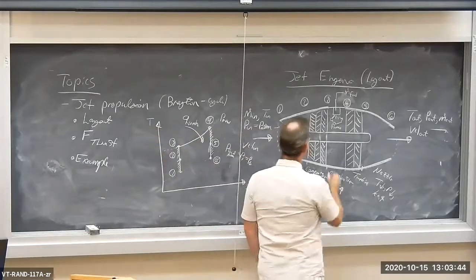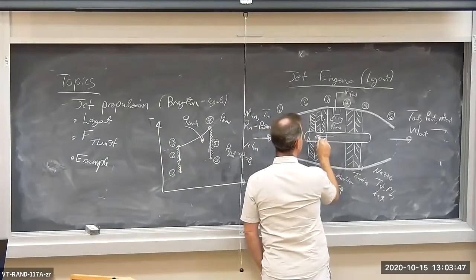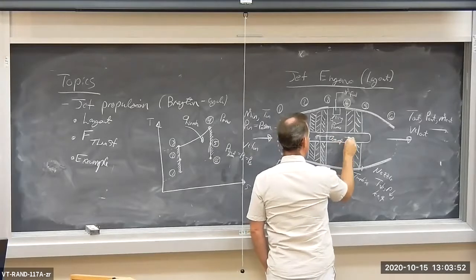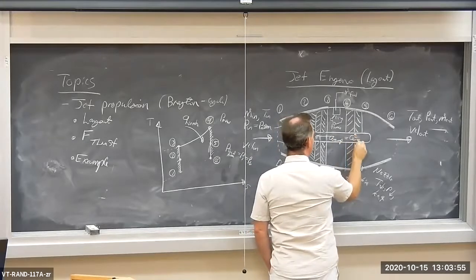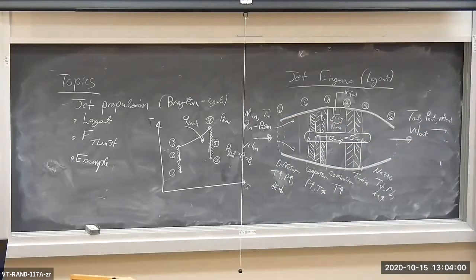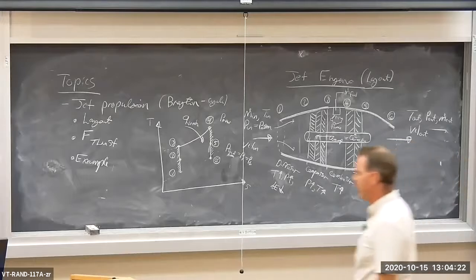That means W dot compressor is equal to W dot turbine. The turbine is driving the compressor and there's no work or power left over. So when you're doing these jet engine problems, unlike the gas turbine problems we did previously, W dot net is 0. The turbine drives the compressor. There's nothing left. This is purely a thrust-producing device.